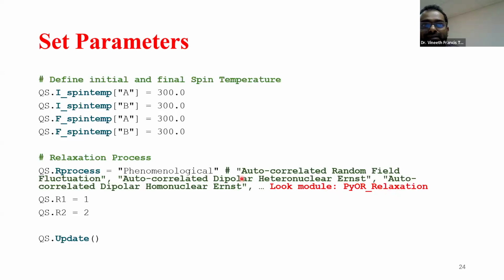Here it is phenomenological, and you can define the transverse and longitudinal relaxation rates using qs.r1 and qs.r2. Then you finally use the command qs update, which will update all the parameters you just gave and share them with other modules.